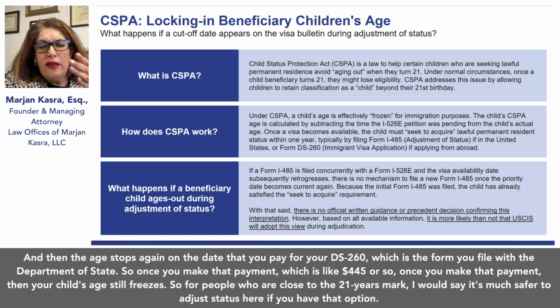And then the age stops again on the date that you pay for your DS-260, which is the form you file with the Department of State. Once you make that payment, which is like $445 or so, then your child's age freezes. So for people who are close to the 21 years mark, I would say it's much safer to adjust status here if you have that option.